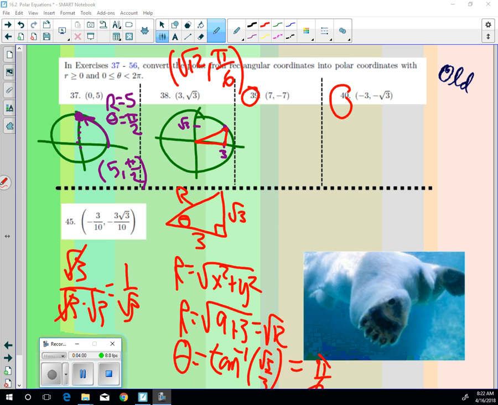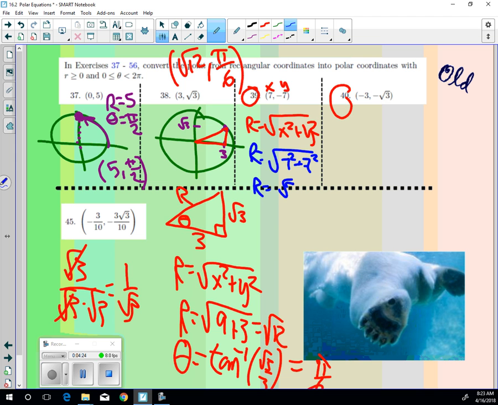So for this next one, let's use our formulas. R is the square root of x squared plus y squared. So when I find R, it's going to be 7 squared plus negative 7 squared. Isn't that just going to be square root of 98?